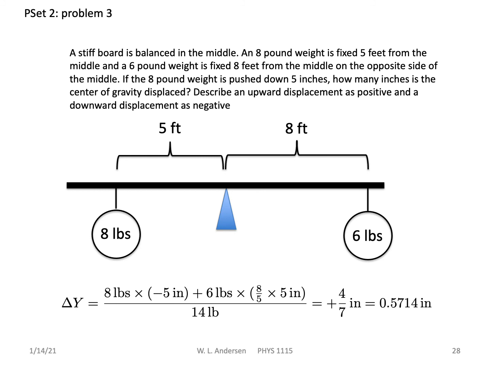The 6 pounds will go up more than the 8 pounds goes down. So it's 8/5 times 5 inches. If you work all that out, of course we divide by the total weight of 14 pounds. If you work it out, you get 4/7 of an inch, or Sapling wants you to enter decimals, so you would convert that to 0.571, which would probably be good enough.